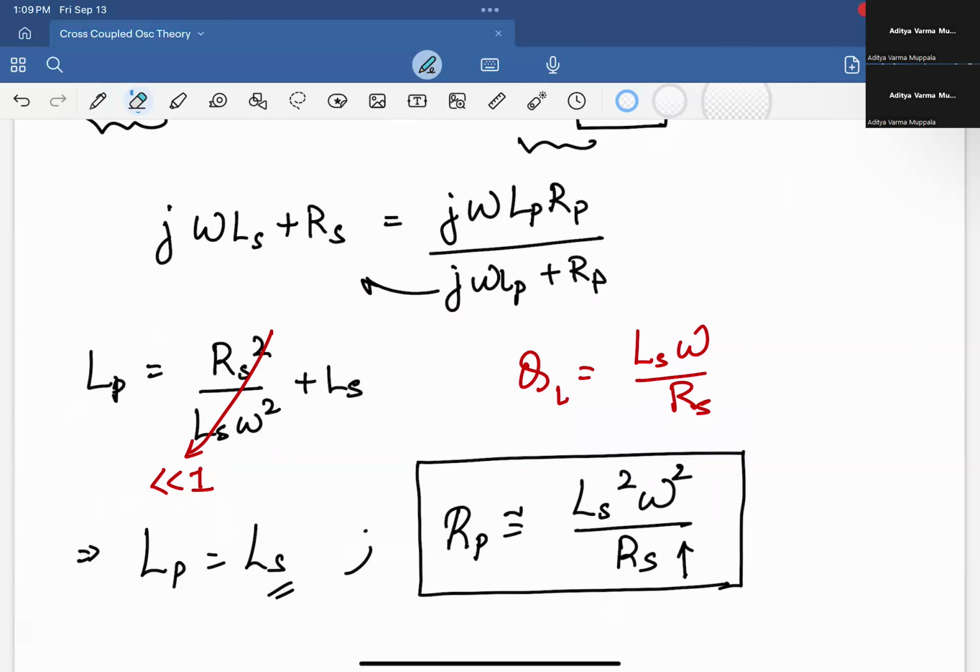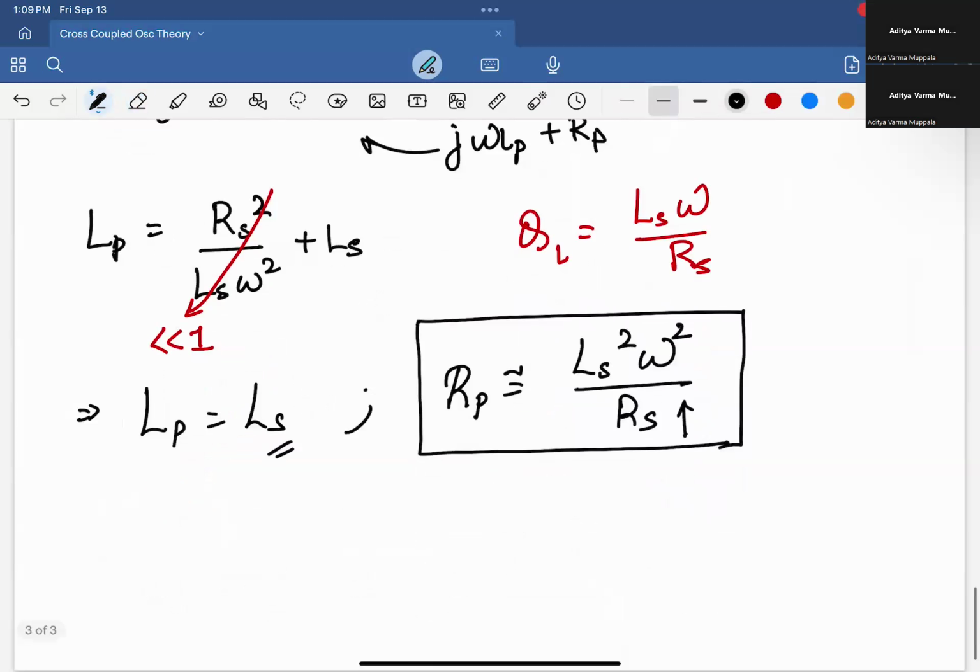Okay, so one note I would like to make. This equivalence is only a narrow band equivalence, right?